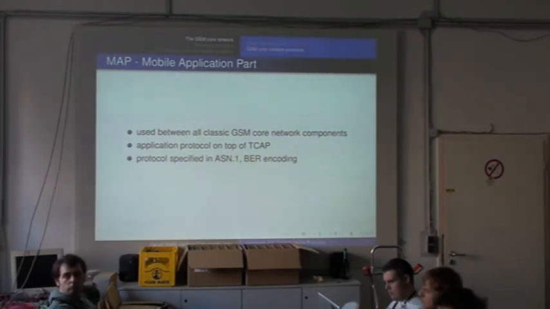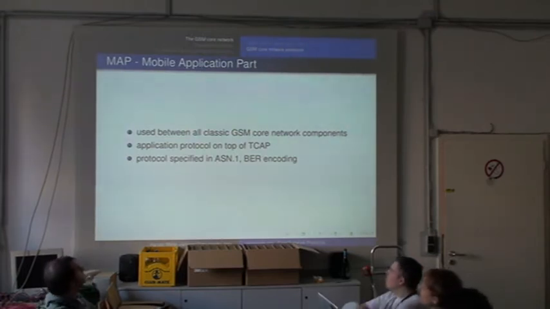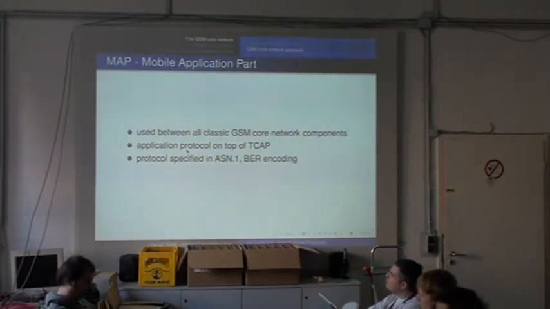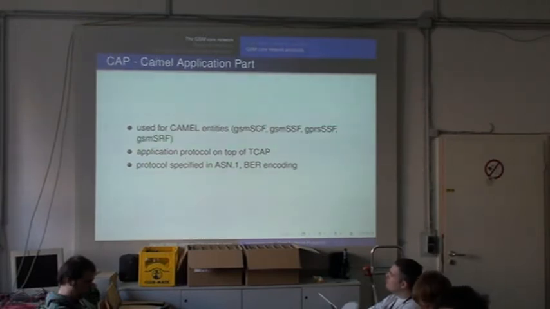No idea. Okay, we're going to look at some examples of the protocol stacks soon. I just want to say MAP and CAP first, and then I can actually show you some protocol traces. MAP is for GSM mobility, and there is CAP for CAMEL, which I'll also talk about briefly later, what CAMEL is and so on.